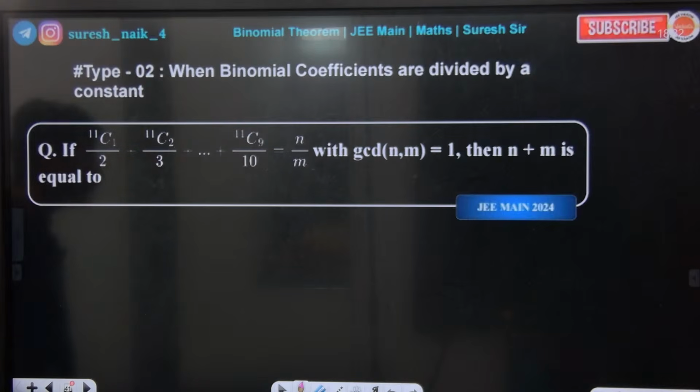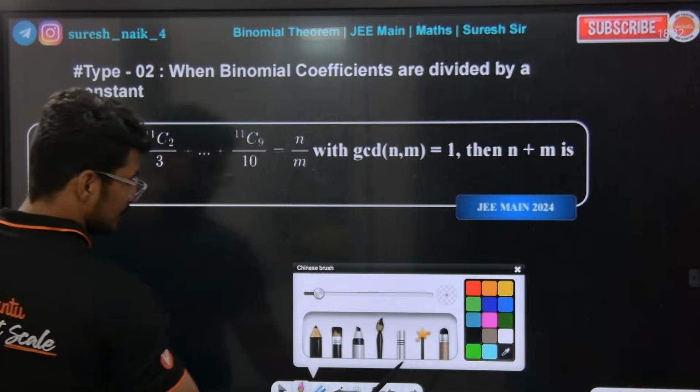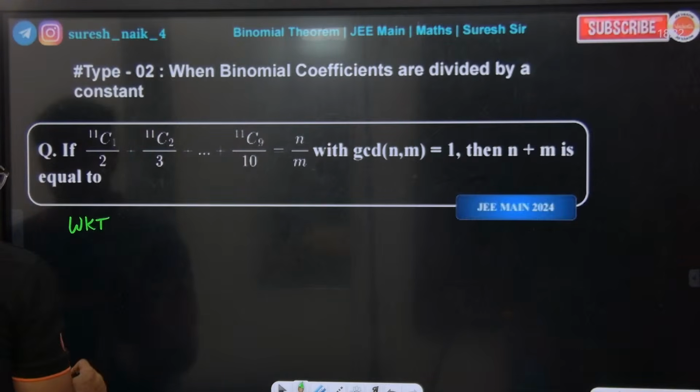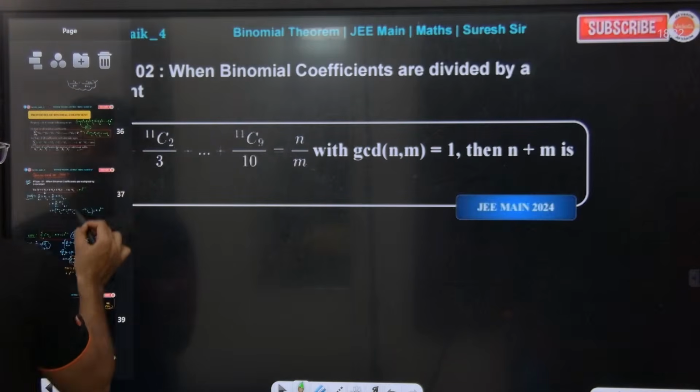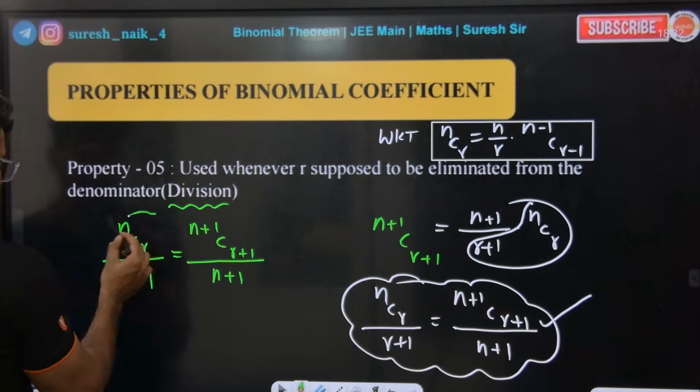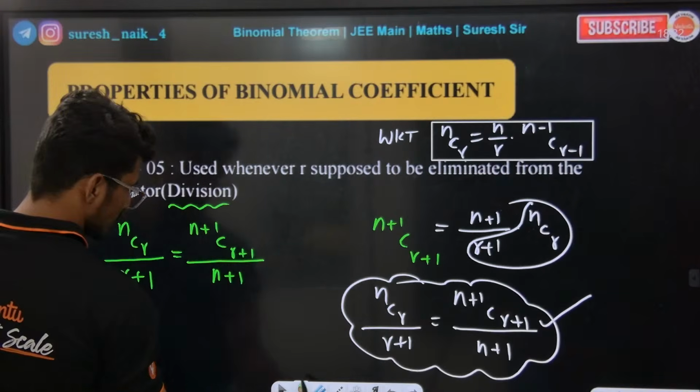Yes. Sir, 11C1 by 2 plus 11C2 by 3. Sir, we know this formula. Which property? Property number 5. I'll show it to you. In the property, nCr by r plus 1.